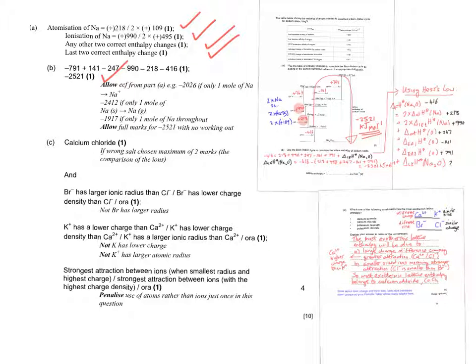So moving on to the second question, we correctly said calcium chloride, we correctly compared the sizes of bromide and chloride, we made reference to calcium 2 plus having a larger higher charge than K plus.